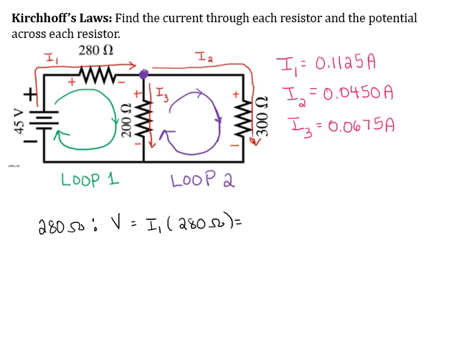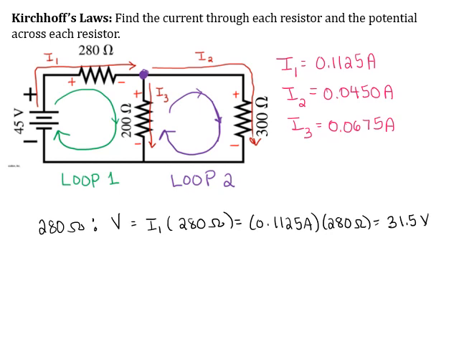If you were a symbols person, you might have labeled that R1, which would be fine. So that's 0.1125 amps times 280 ohms to get, let me just make sure I got my numbers right. Yep, that's right, 31.5 volts.